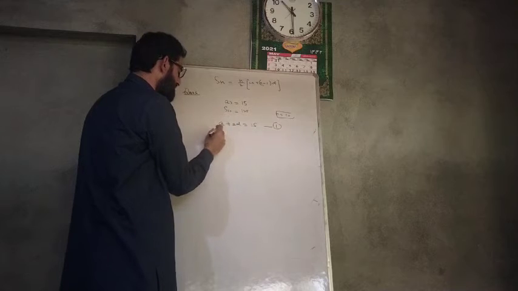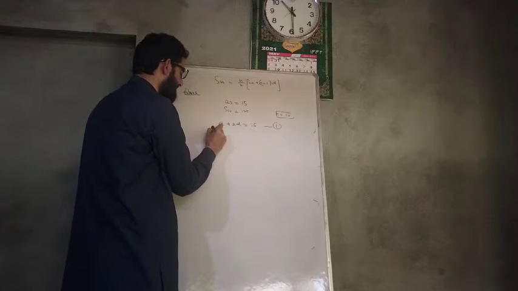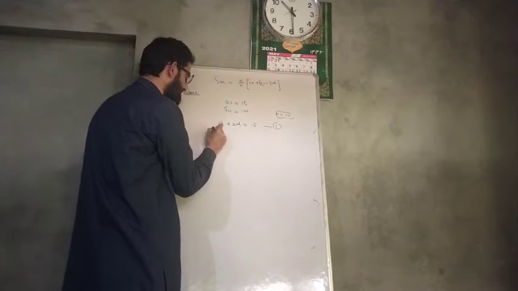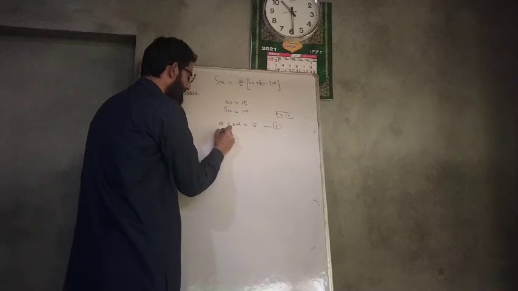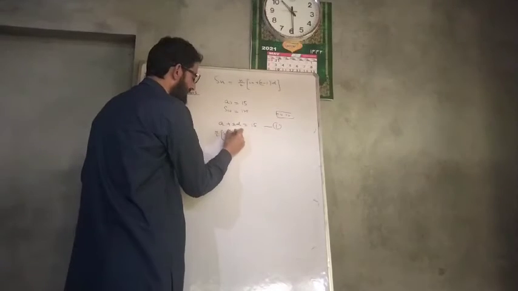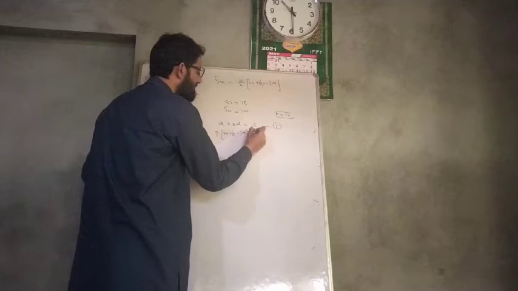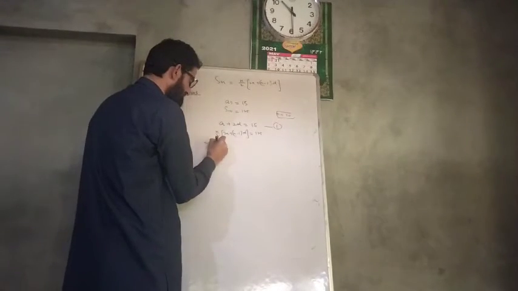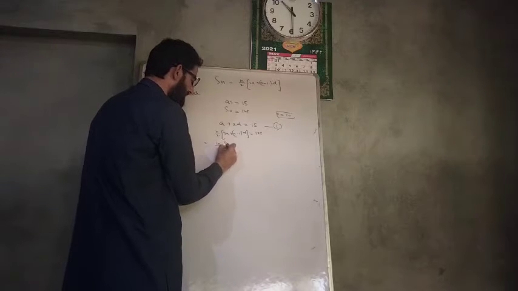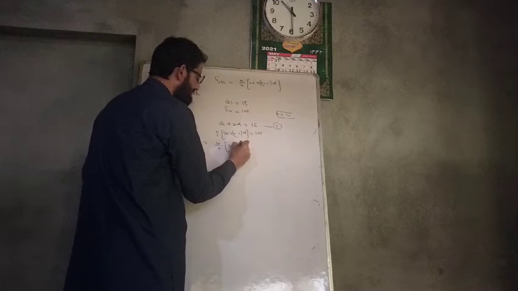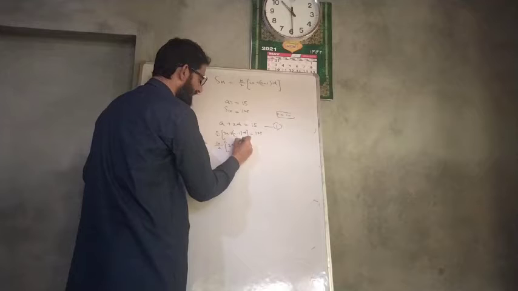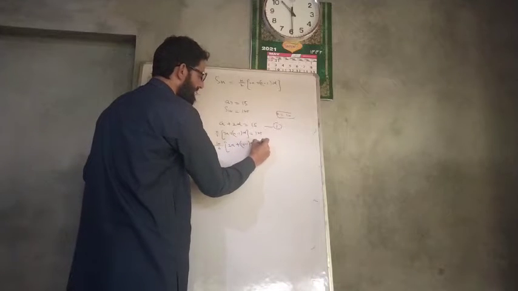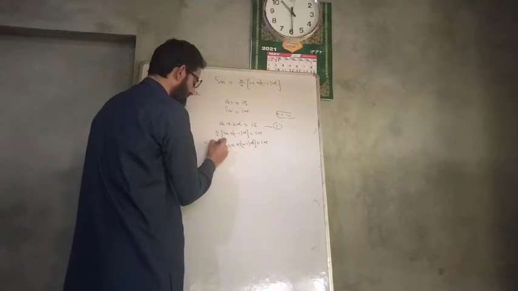Now, S10, the sum of 10 terms, is given by n by 2 into 2a plus n minus 1 into d, which is equal to 125. Now this n is 10, so this is 10 divided by 2, into 2a plus 10 minus 1 into d, is equal to 125. 2 1s are 2, 2 5s are 10.